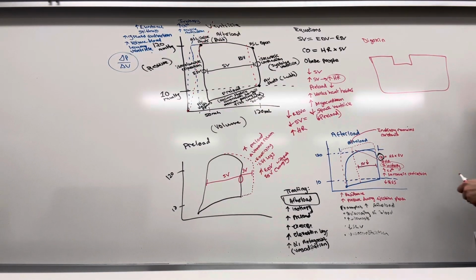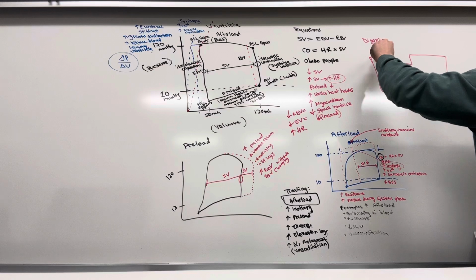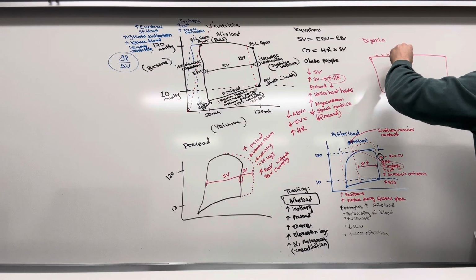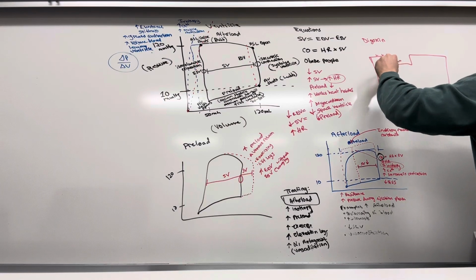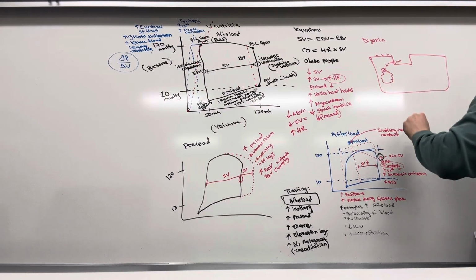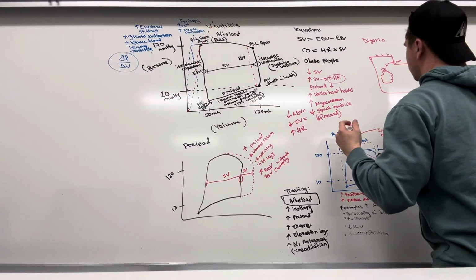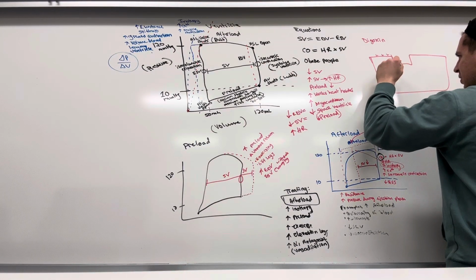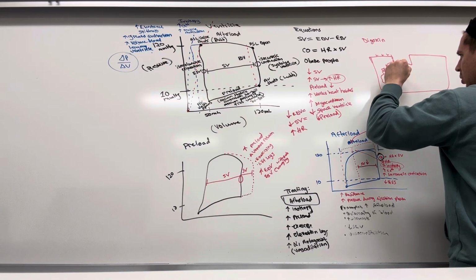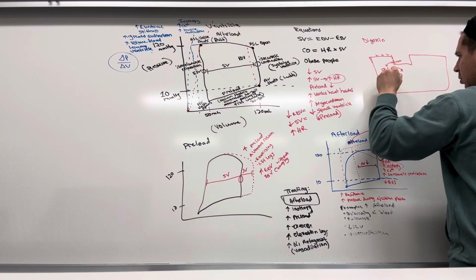So digoxin, how it works is you have that action potential propagating down. Right here you have a calcium channel, and then you have your sarcoplasmic reticulum, the endoplasmic reticulum of a cardiovascular muscle cell, so it's sarcoplasm. Right here, calcium binds, and this is an RYR channel, and then we would release calcium from inside.